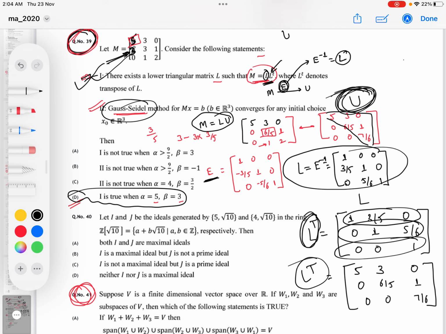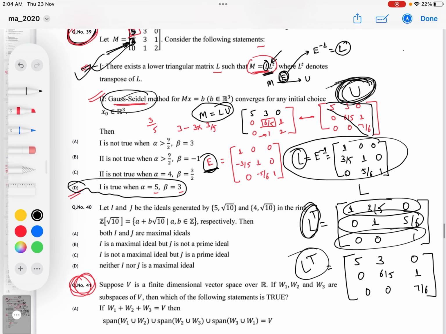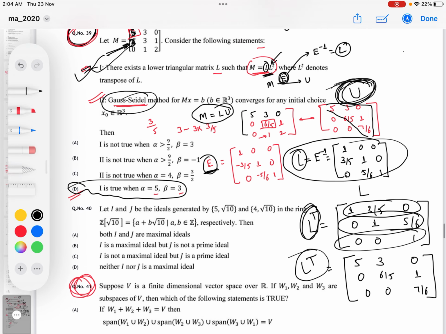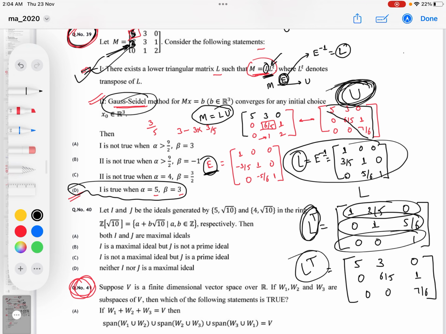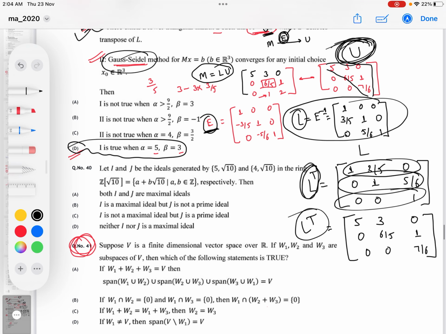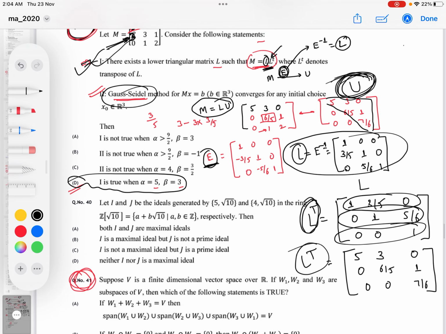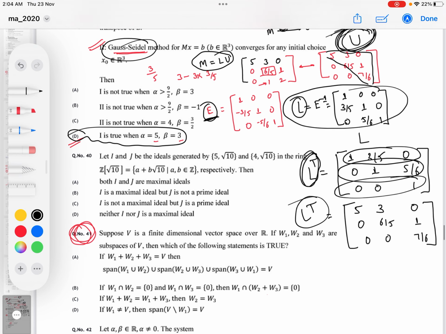Here I haven't explained how I am getting this elimination matrix and this lower triangular matrix. You can look into the book. I have also covered that in the linear algebra playlist, the matrix playlist. You will find LU decomposition there.